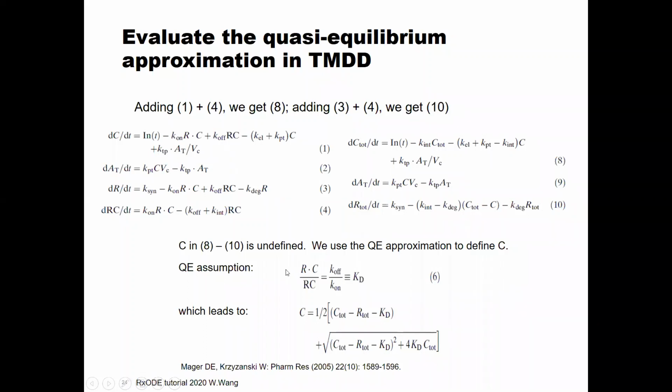The assumption there is that the association of this receptor with this ligand, as well as dissociation, has reached steady state or equilibrium. So therefore, you define this KD, which is equal to K off over K on.